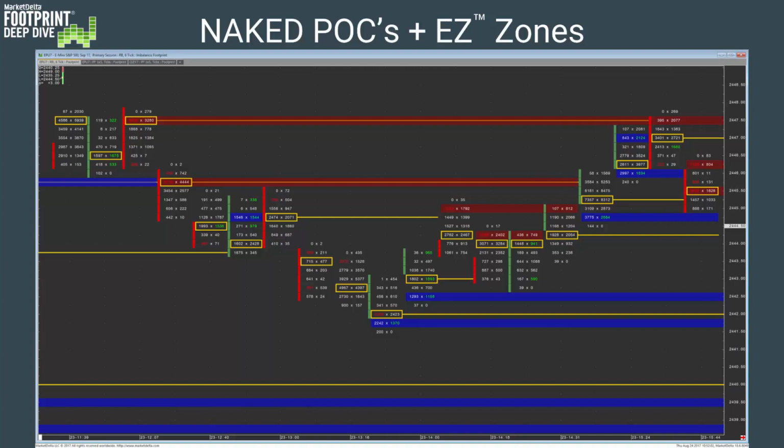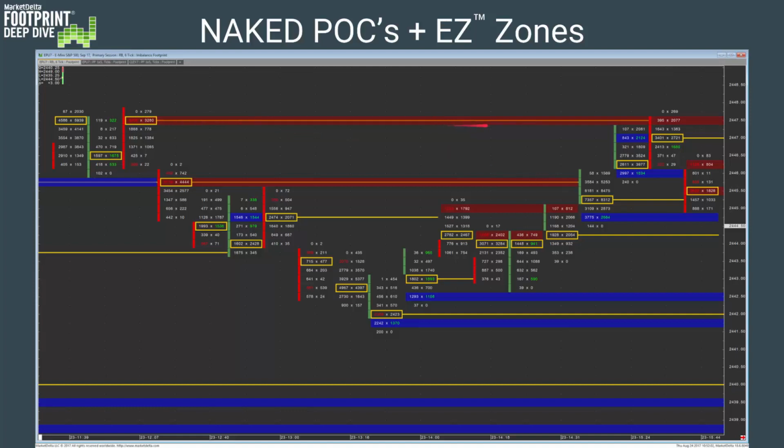You may recall this slide. This is very nice because you can simply look at the ones that have the easy zone, which is either the red sell zones or the blue buy zones, and look at the ones that have the yellow line through them. Those are the naked POCs, and use those just for qualifying.